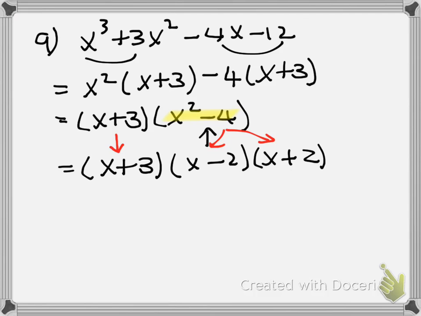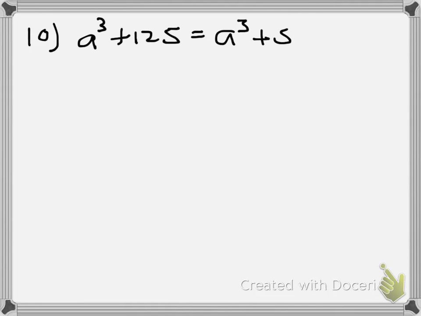Alright, and the last one is number 10. I'm going to do it on the next page. It's a cubed plus 125. Now you have to be able to recognize 125 as 5 cubed. And I'm going to give you all those cubes so that you can familiarize yourself with all the numbers that are cubes and also all the numbers that are squares.